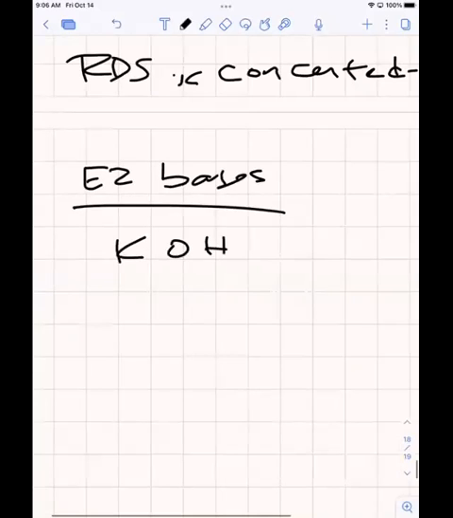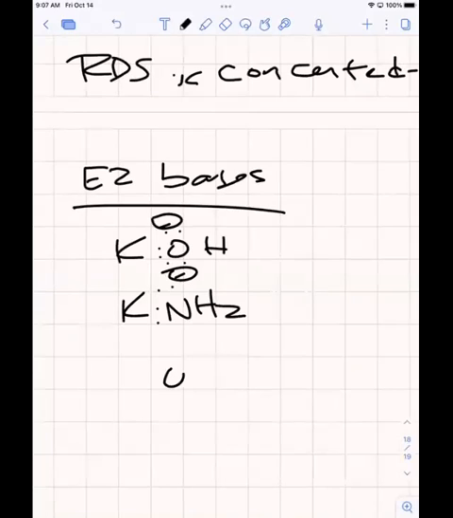So KOH is one. You could have an amine base. Tert-butoxide is also a good base. Normally the counter ion is potassium.